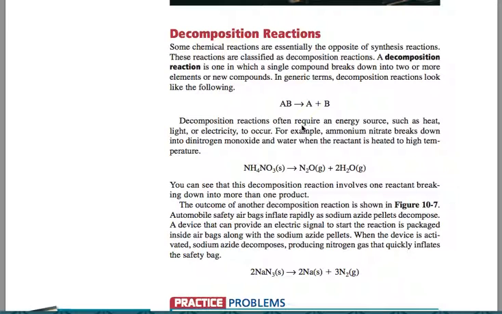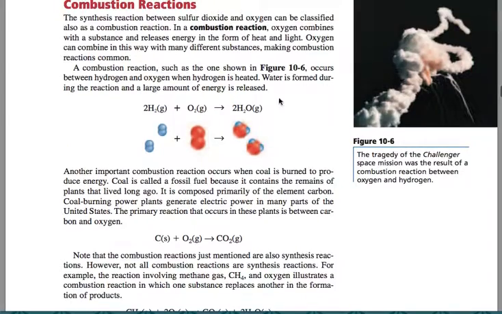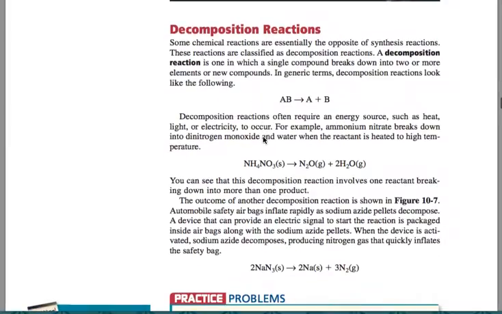Decomposition reactions often require an energy source, such as heat or light or electricity, to occur. So this is maybe different from a combustion reaction, right? Those release energy in heat and light, and this decomposition requires or needs energy to occur.